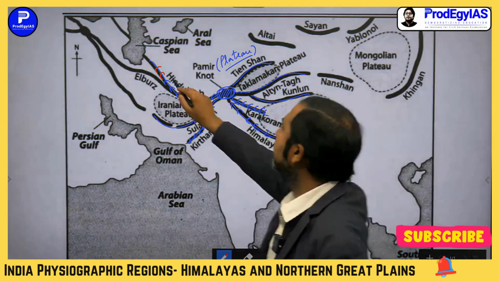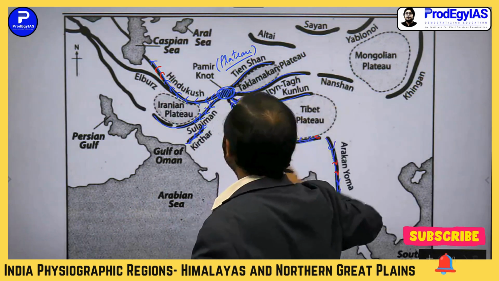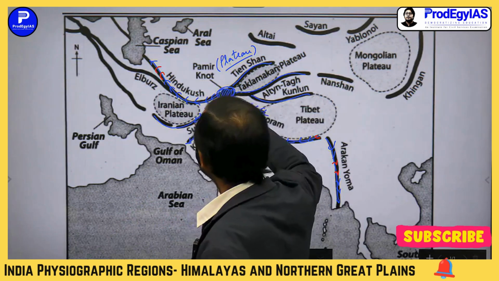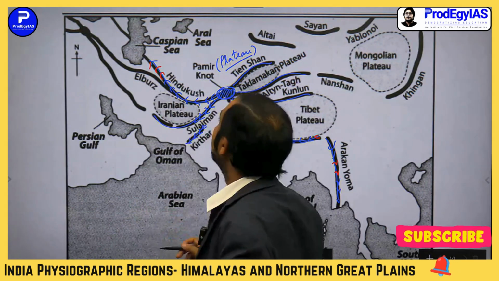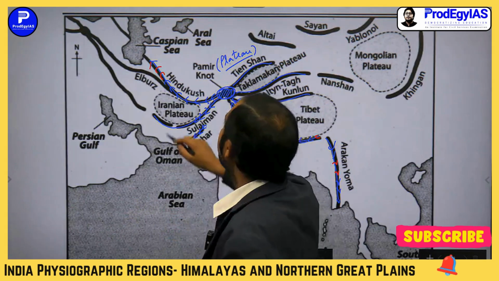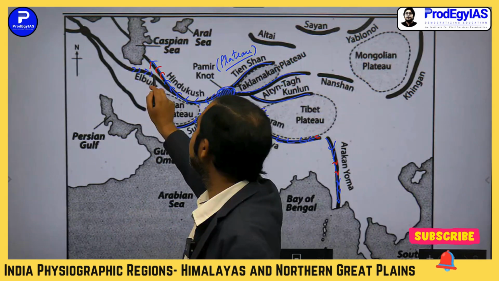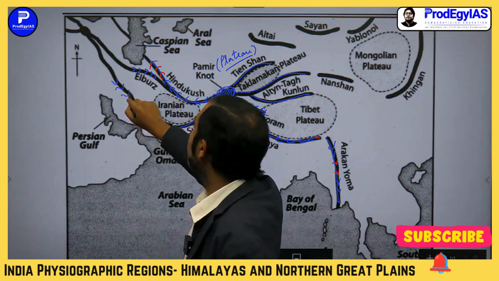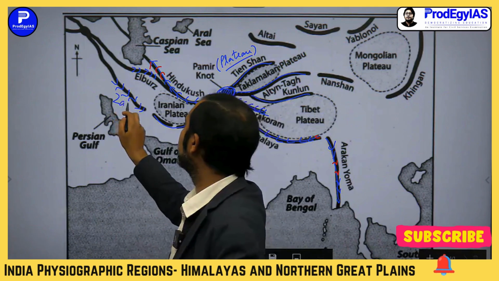And you are seeing that these ranges are making the physical boundaries of the Indian subcontinent. So see the location of Hindu Kush range. It is extended from Pamir Knot up to just near the Caspian Sea. Here it merges with a different range, Elbrus, and its southern range here is called Zagros.